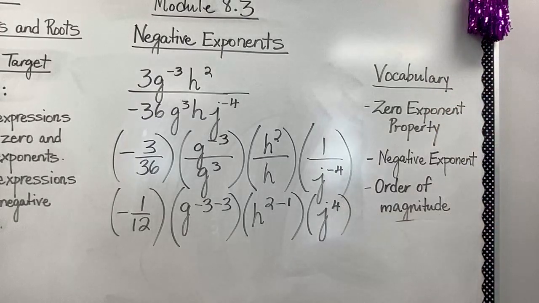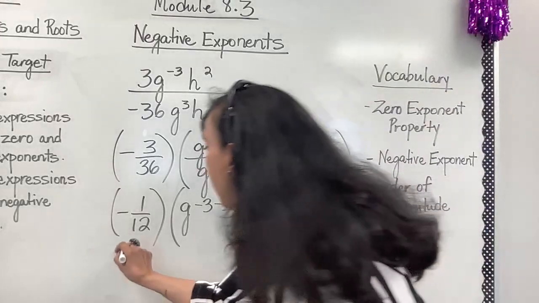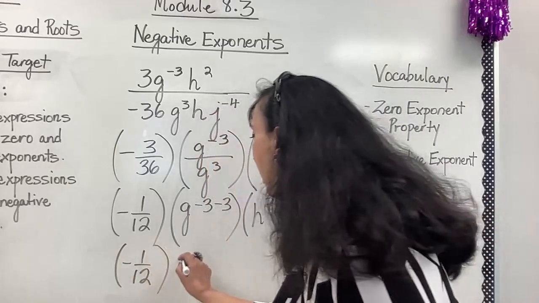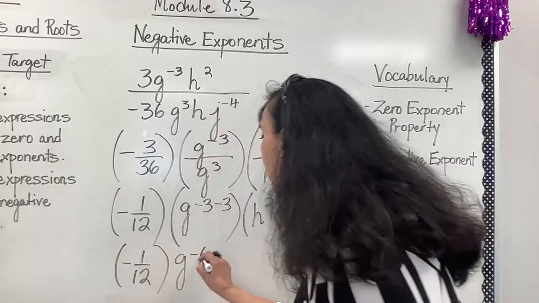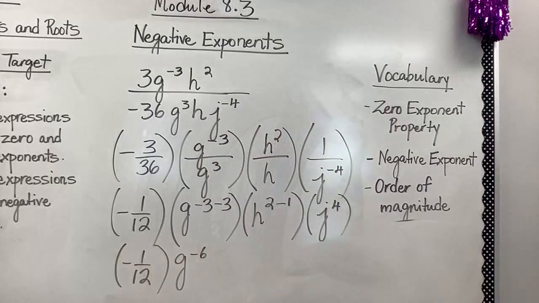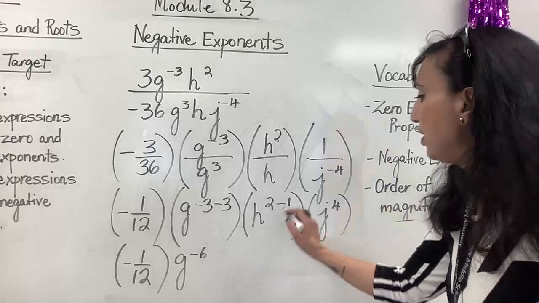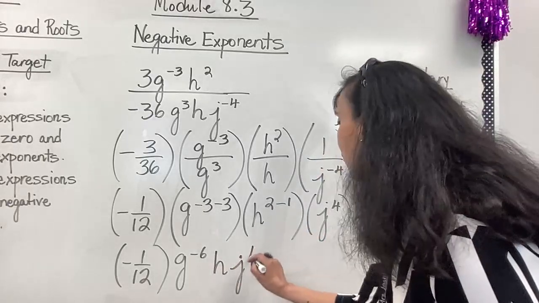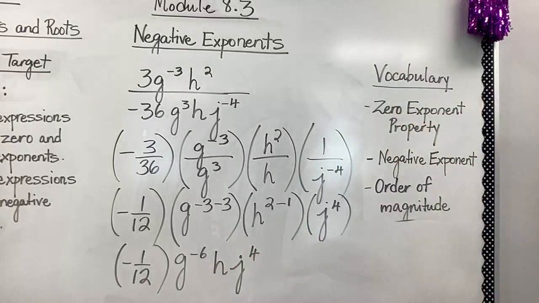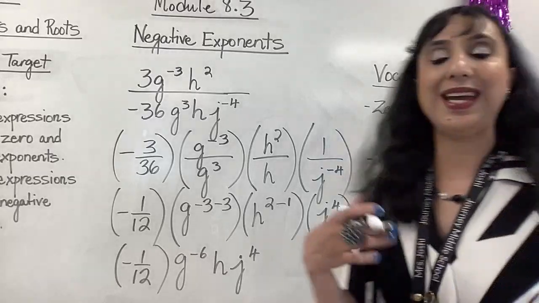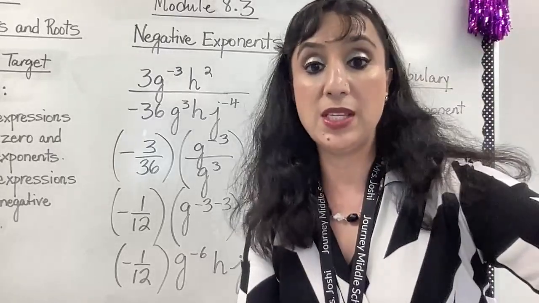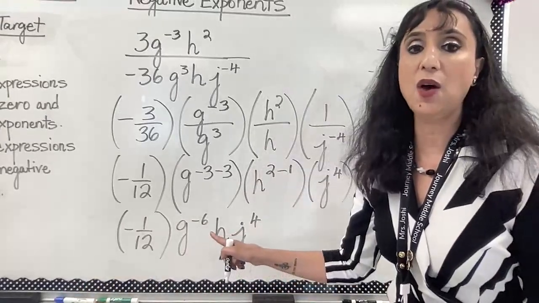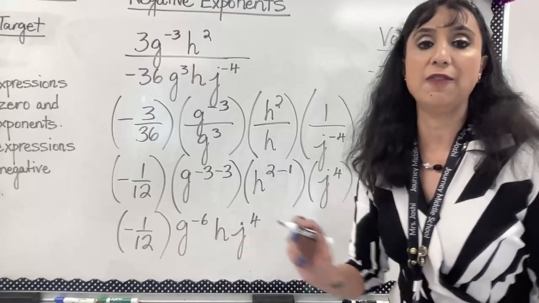Now, once I have this much, I am getting negative 1/12, and I have g to the negative 6th power, and then I have 2 minus 1, which is 1, so I have h, and I have j raised to the 4th power. Now, remember we said we cannot have the simplest form with a negative exponent. So I can go ahead and do the reciprocal of this.